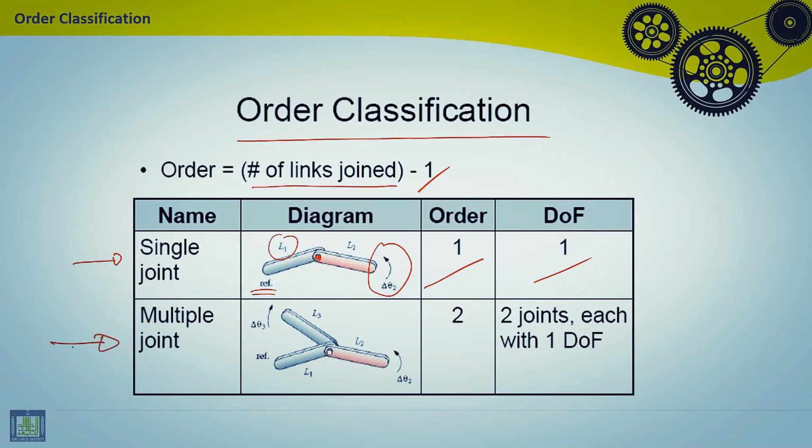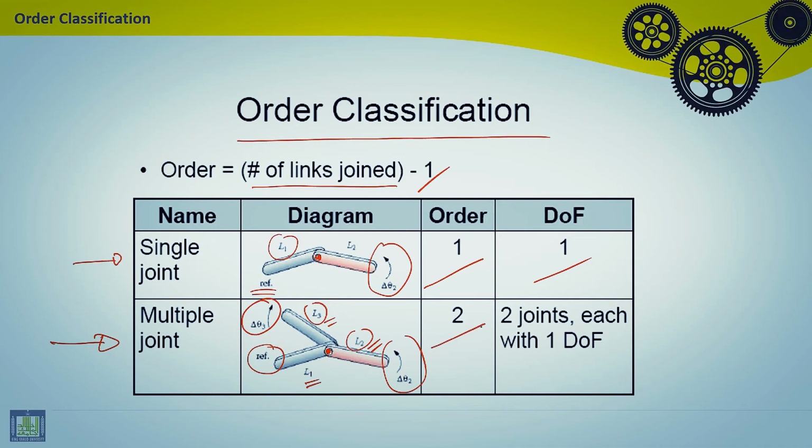For a multiple joint, here we have link 1, link 2, and link 3. The first link is the ground, it is the reference. So the second and the third link can make, according to the joint, delta theta 2 angle, motion angle for second link, and theta 3, this is the rotational motion for the link number 3.